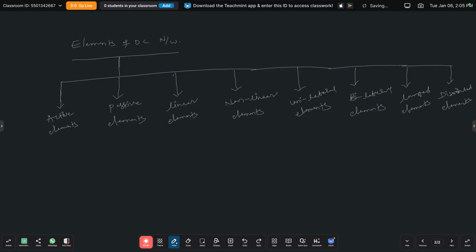These are the different types of elements of a DC network. All these are the basic concepts of a DC network, so first we need a clear understanding of all this, then we can go forward.